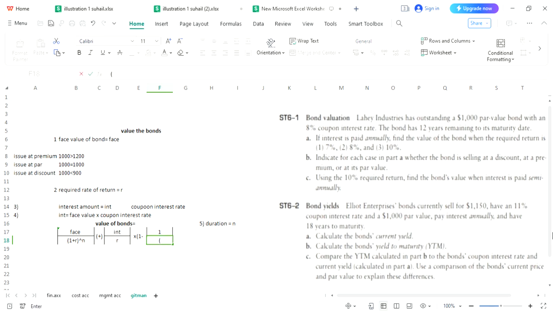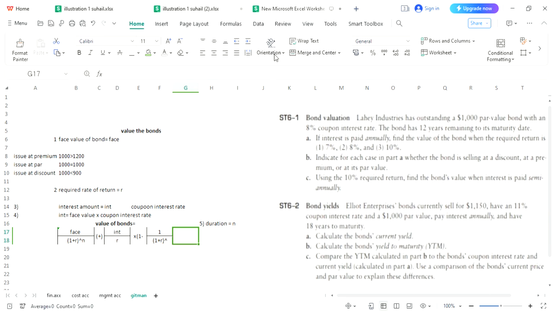The writing procedure is different. Again you will put 1 plus r raised to power n. So this is your formula having 3 parts, and you need to understand it at first stage, and secondly you should know how to put values over here.